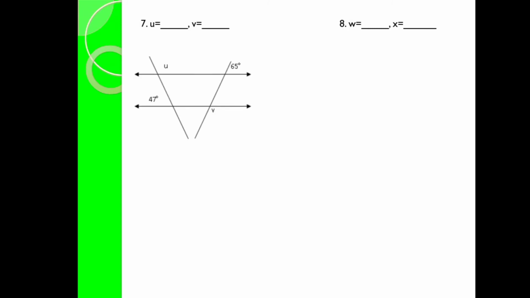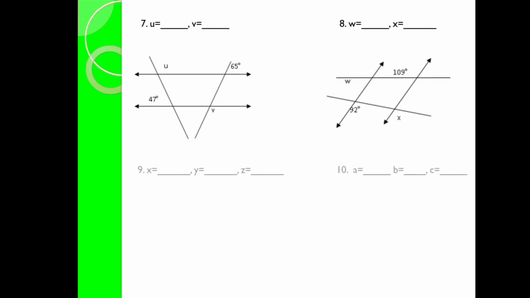Number 7, you can get U by finding first the angle adjacent to 47, and that angle corresponds to angle U. Next, angle B and 65 are exterior angles on the same side of a transversal, and they must be supplementary. W is vertical with 109, and X corresponds to 92 degrees.